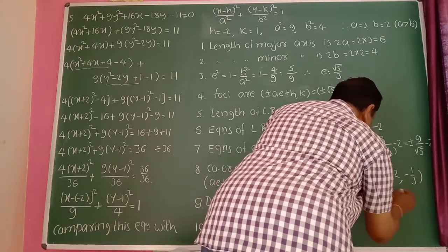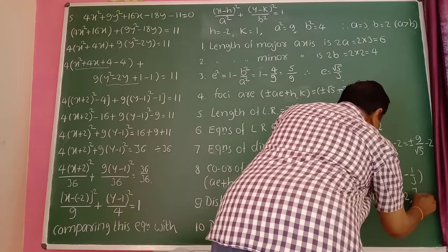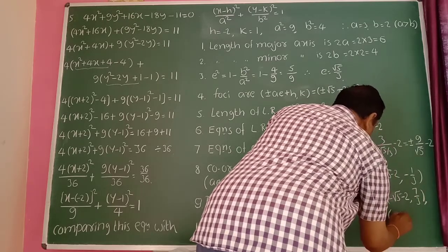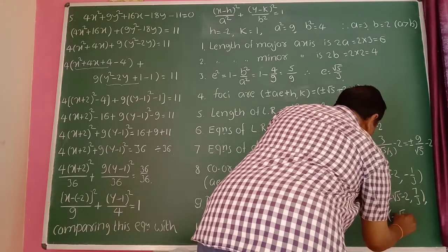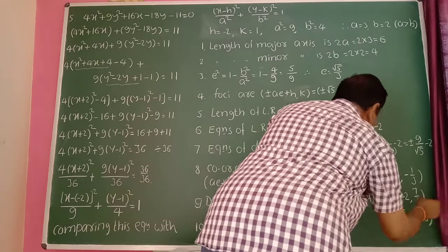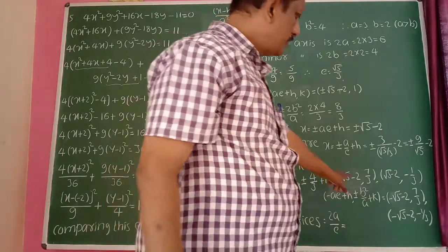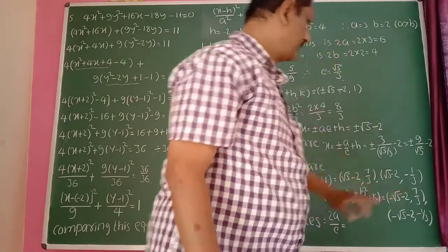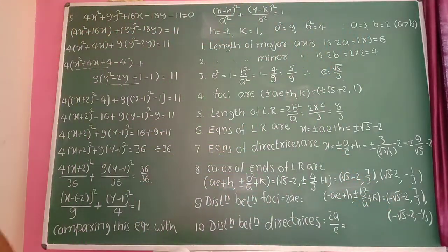One time we take plus 7 upon 3, and one more time minus 1 upon 3. So there are 4 points here: 1, 2, 3, 4. In total these are the 4 ends of the latus rectum.